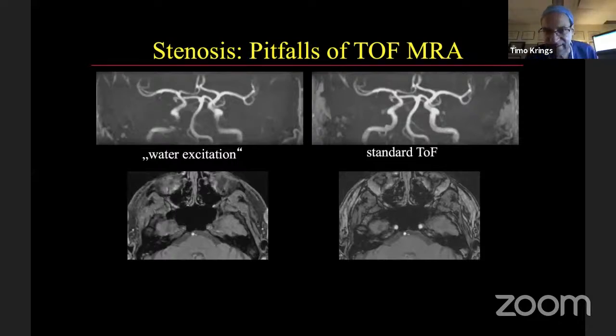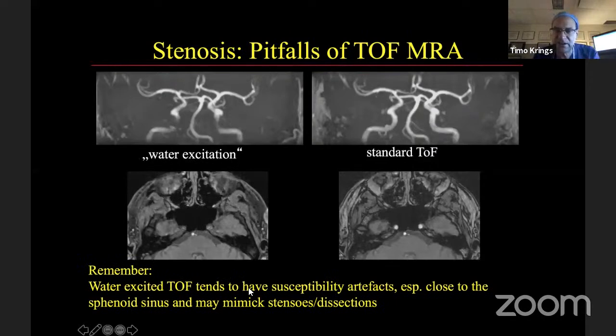The water excitation time-of-flight MRA is very susceptible to air and bone interfaces, i.e. to susceptibility artifacts. These susceptibility artifacts can be so strong that they take out the signal of the ICA, and therefore you have to look very carefully at the type of time-of-flight MRA that you are doing at your local scanner.